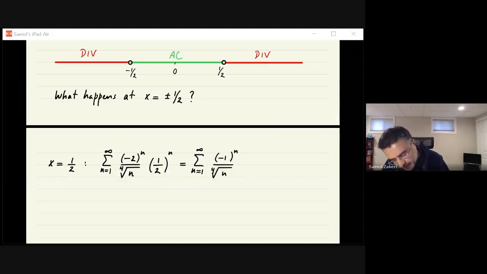And this is an alternating series with Bn equals 1 over 4th root of n, which is decreasing going to 0. So this is convergent by Leibniz.